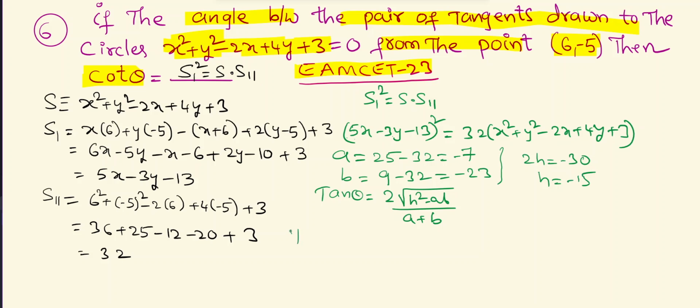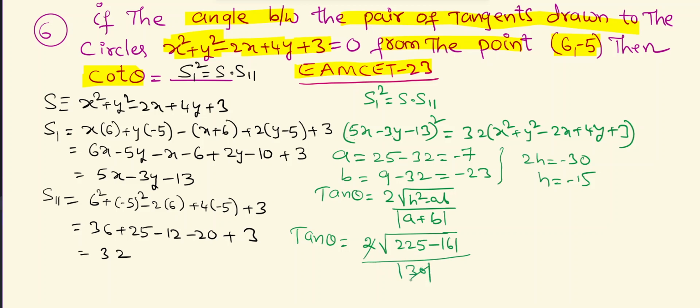Substituting all these values, tan theta is equal to 2 into root over h square 225 minus ab, this is 7 times 23, which is 161, by modulus of a plus b. This is modulus of 7 plus 23, that is 30.